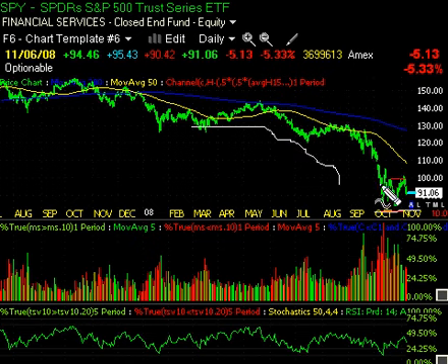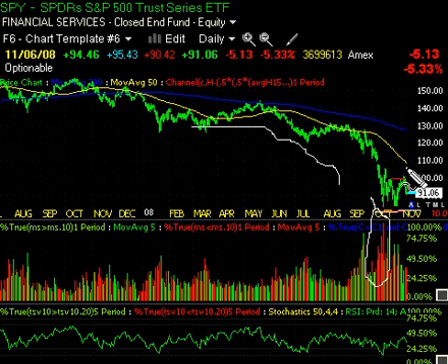This big red volume basically looks like capitulation, which means pretty much everybody who wants to sell and get out of the market sold at once, and they got out. So if there's not a lot of sellers left in the market, that means there's not a lot of supply on the market. If we can get into a situation where there's more demand than supply, prices will rise.